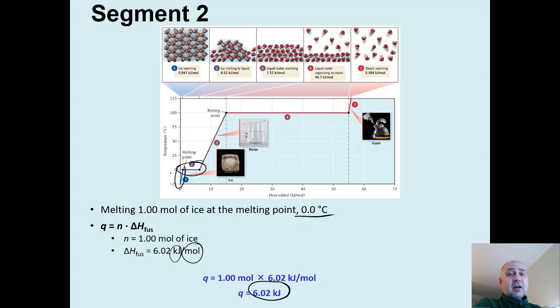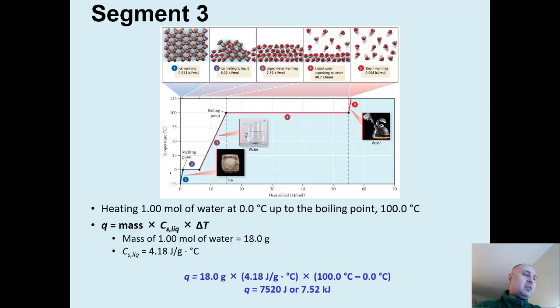Now, part 3 is where we are completely melted. Now we're going to change the temperature again and heat it, so we will use the specific heat. Specific heat has units per degree, times temperature, and we are going from 0 to 100, so the change in temperature is 100 degrees. The specific heat is 4.18, and again, a mole in grams is 18 for water.